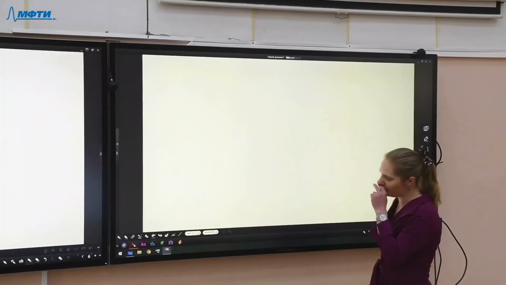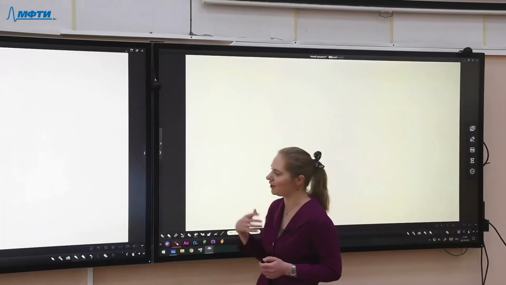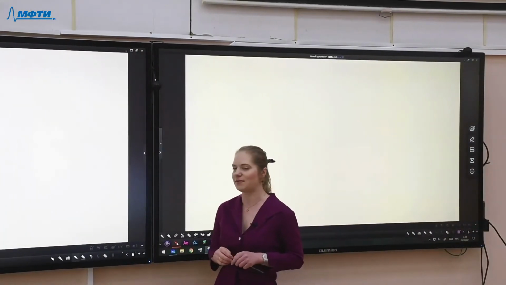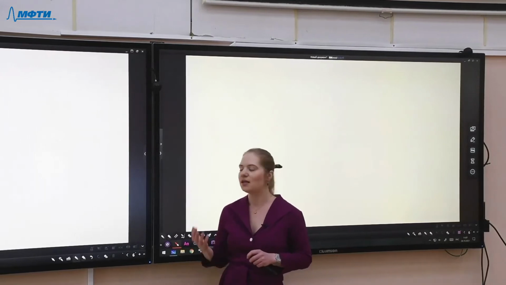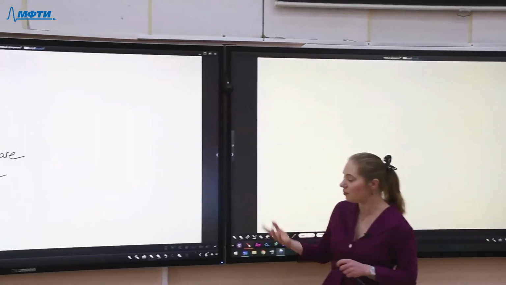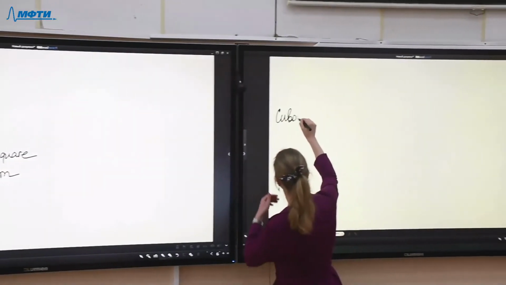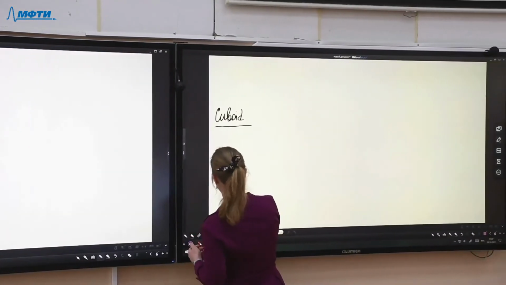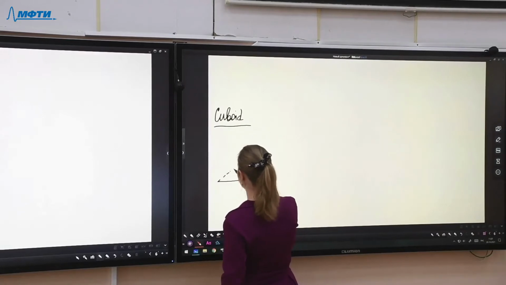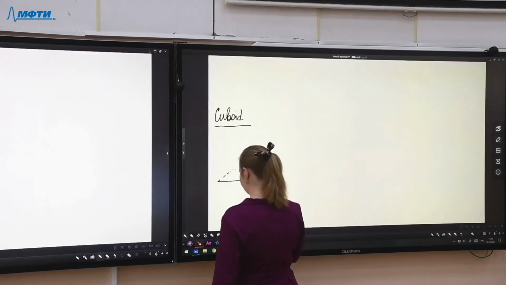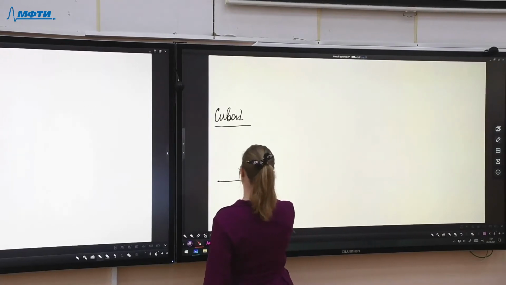If we have a right prism and the base is a rectangle, sometimes it's called a rectangular body, sometimes it is called a cuboid, doesn't matter. So we have a rectangular base here.